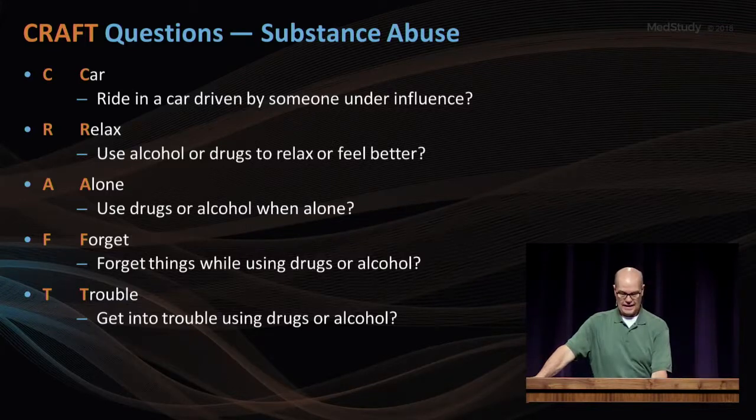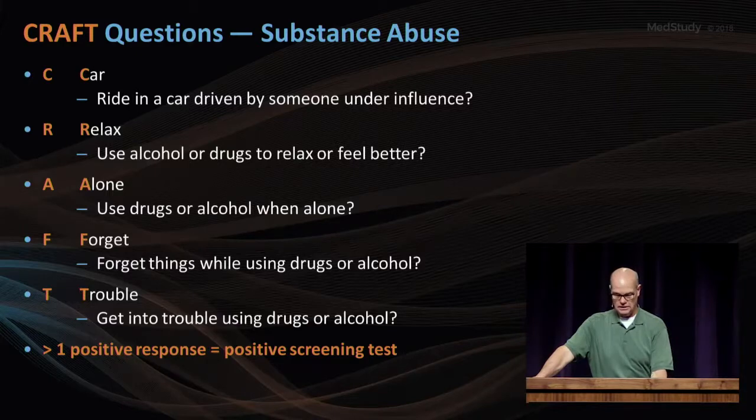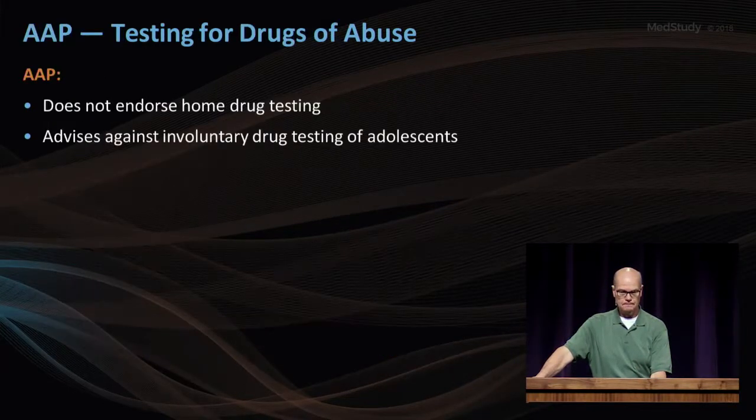And know that in regards to responses, more than one response is concerning as well. So the CRAFT questionnaire and the CAGE questionnaire are easy to perform in an office setting. General pediatricians should know about them, and it's likely going to be on your boards.